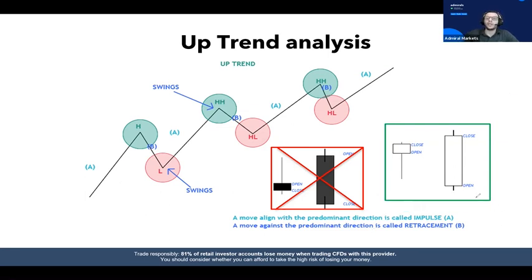Make sure you really start paying attention in your trading when you are using the candlestick patterns, especially the bullish engulfing and the pin bars in the uptrend, so you drastically increase the probability of a good trade.